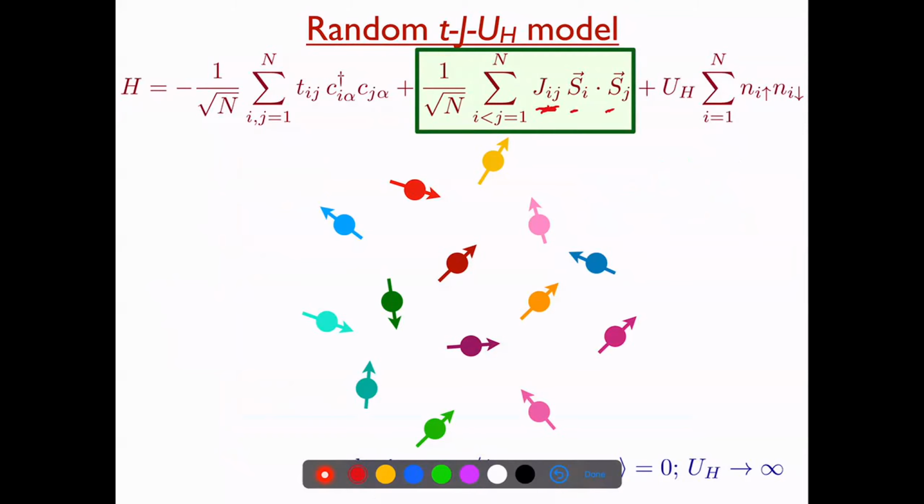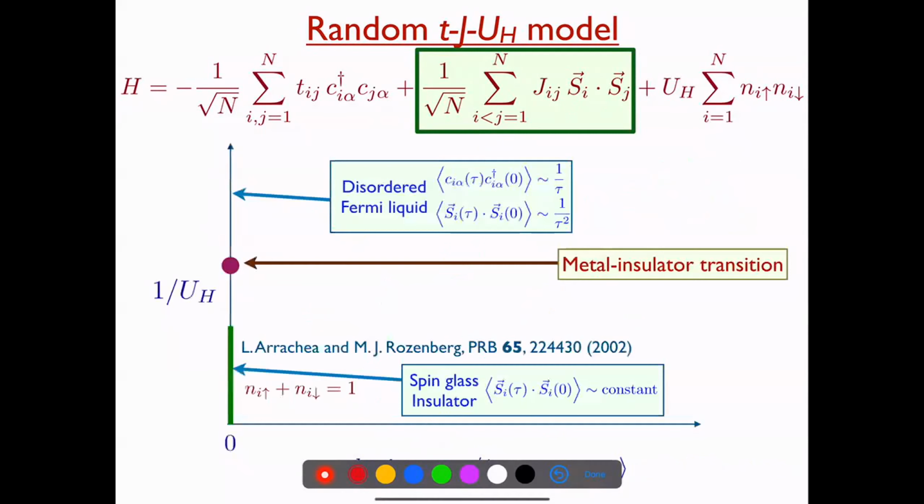That particular model has been studied numerically by Arrachea and Rozenberg, and what they found was that it is indeed a spin glass. Just like the classical model at zero temperature forms a spin glass, the quantum model seems to do the same thing. What that means is that on every site, if you look at the spin autocorrelator, it has infinite memory at long times, and it's just frozen in some orientation.